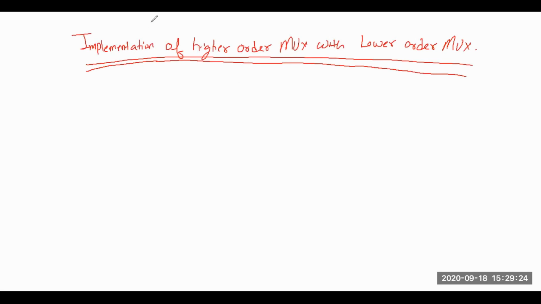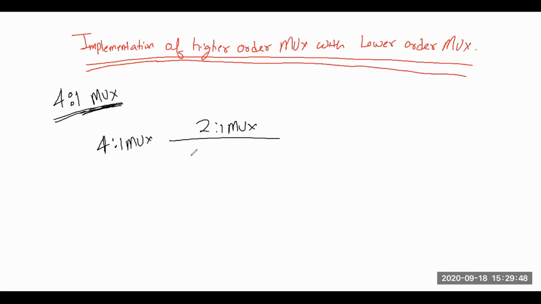So I will take the first case. Suppose I want to design a 4 is to 1 multiplexer, and I don't have a 4 is to 1 multiplexer. I have only 2 is to 1 multiplexers. So what you will do is design this 4 is to 1 mux using 2 is to 1 mux. The first thing is you need to calculate how many 2 is to 1 multiplexers are required for making this 4 is to 1 multiplexer.